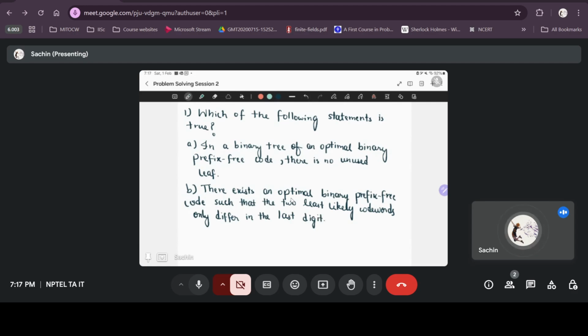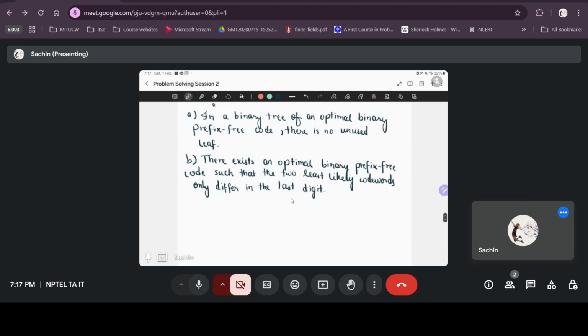This is also true because we know that there cannot be an unused leaf. So at the maximum depth, there must be two leaves like this, which are both code words. Consider any two code words like this.